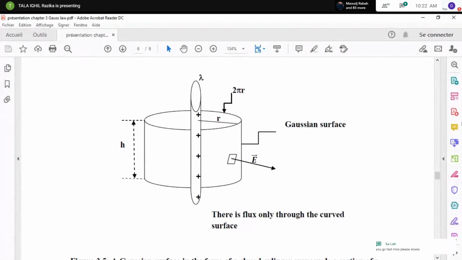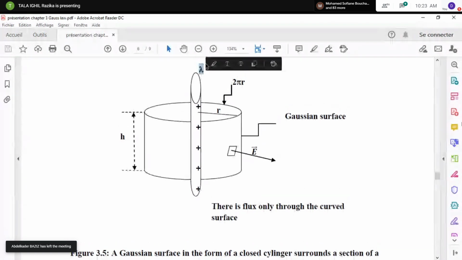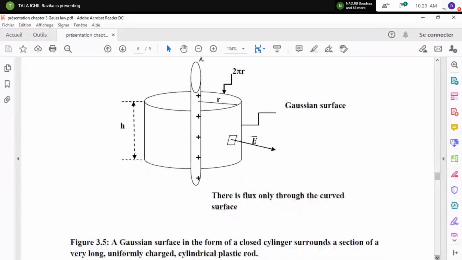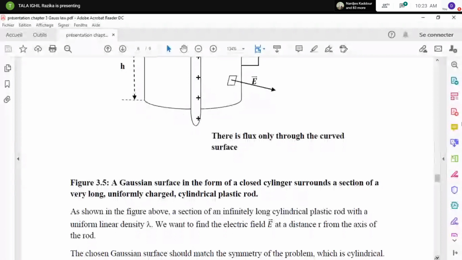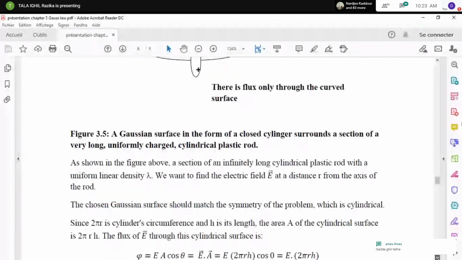So in this case, we will take a wire which is cylindrical, positively charged with linear distribution lambda. We apply Gauss law. We take a cylinder, as I explained, to follow the symmetry of the problem.